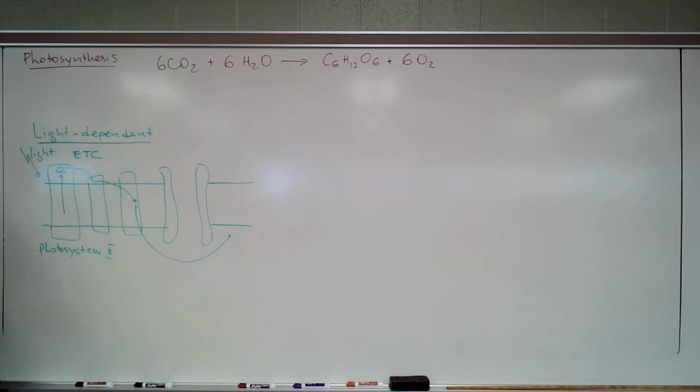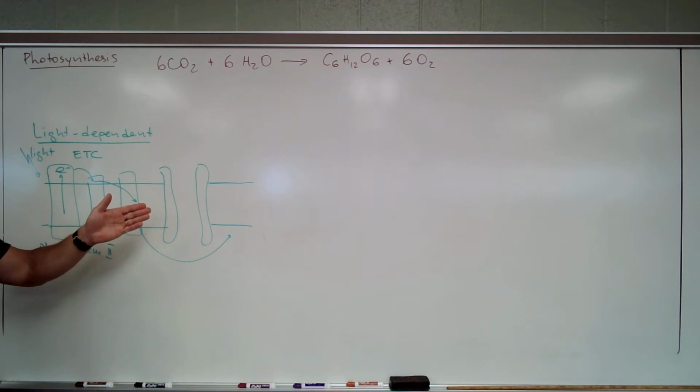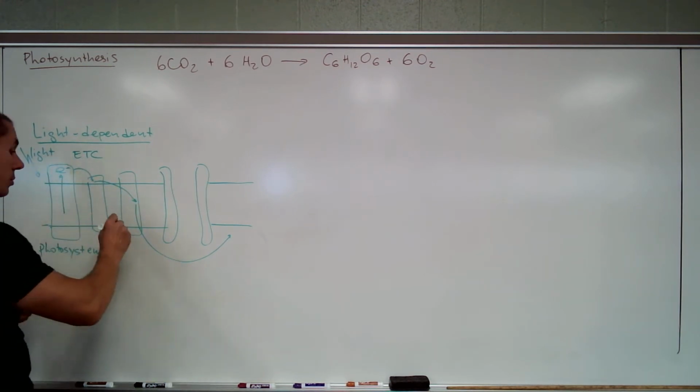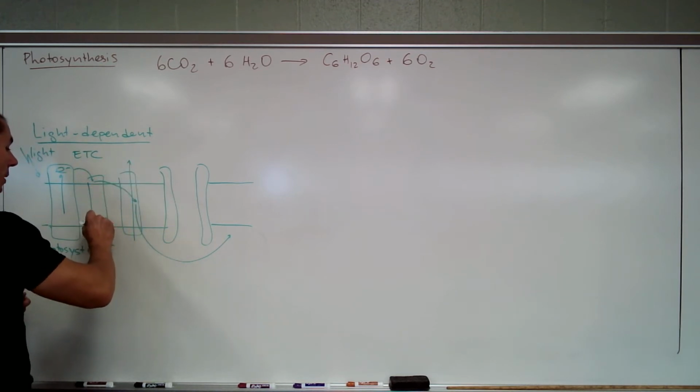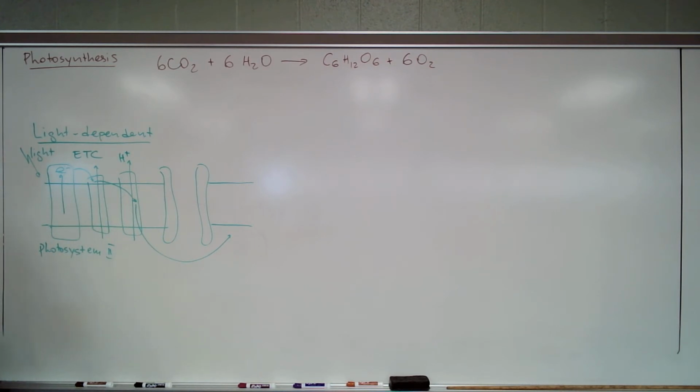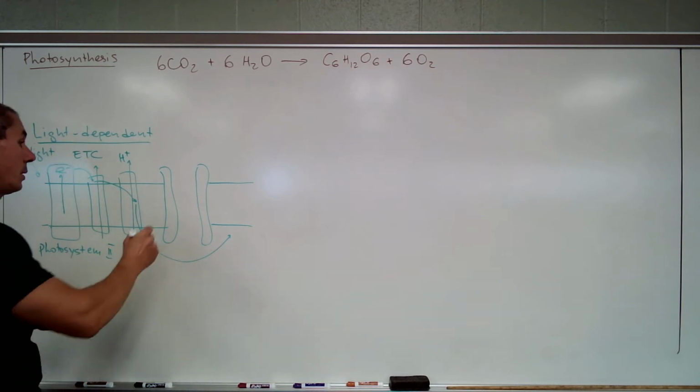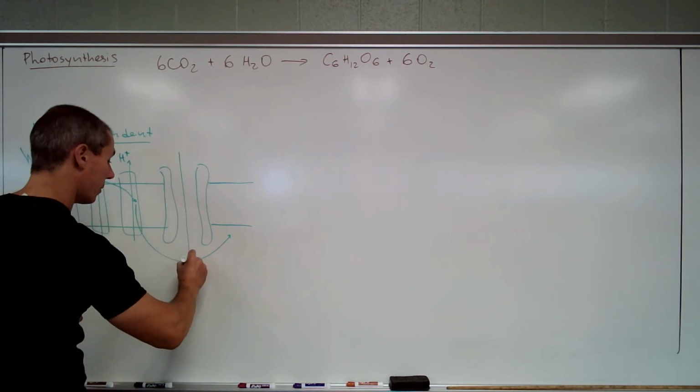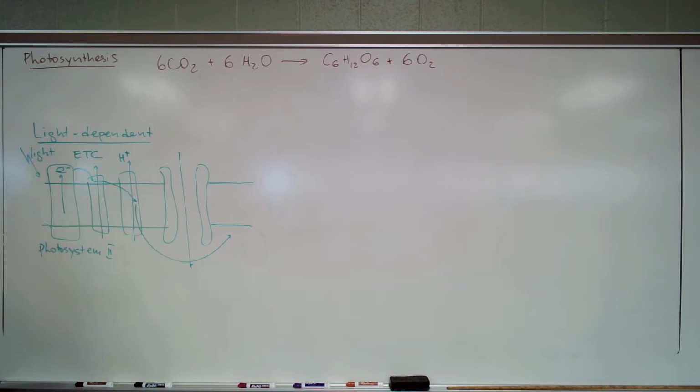Now, does that picture look familiar to you? When energized electron goes from one protein to another, subsequently releasing that energy with every step. Does that picture look familiar? So the energy of electron is used to pump hydrogen ions across the membrane, and just like in oxidative respiration, hydrogen diffuses back due to this gradient formed.